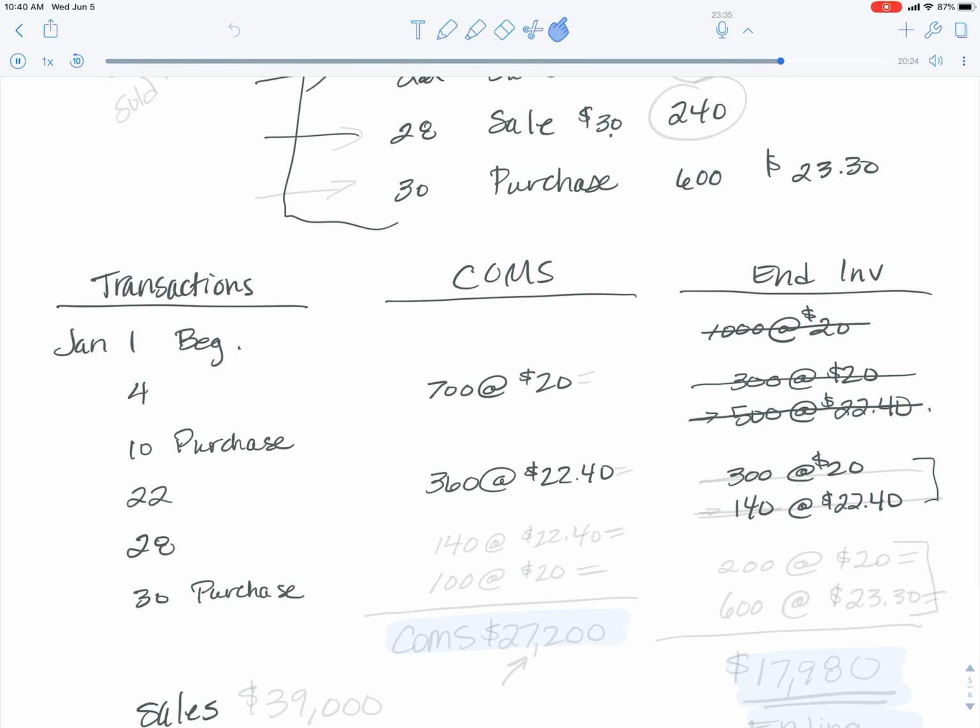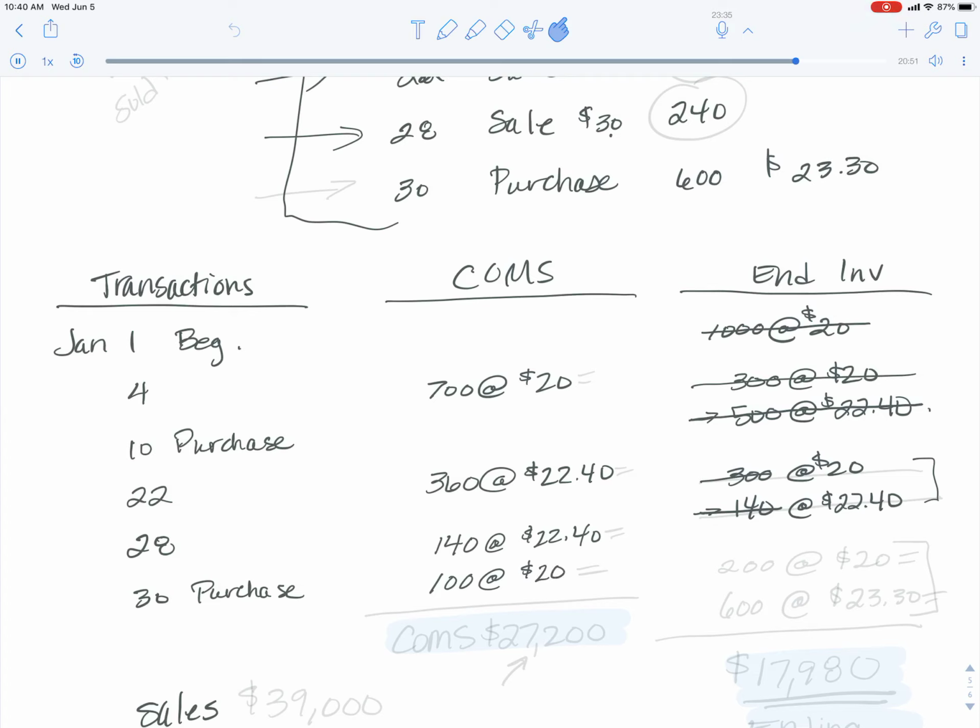Okay, and then we have another sale on January 28th. We sold 240. If we go from the last shelf first, we can only sell 140 of those at $22.40, and those are gone. But we need 100 more because we need to sell 240. So we're going to get the other 100 from the 300 shelf last.